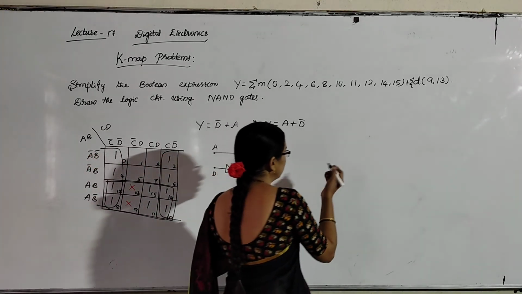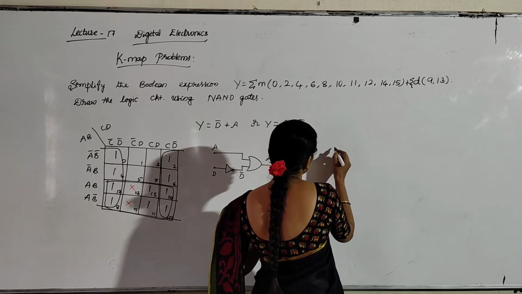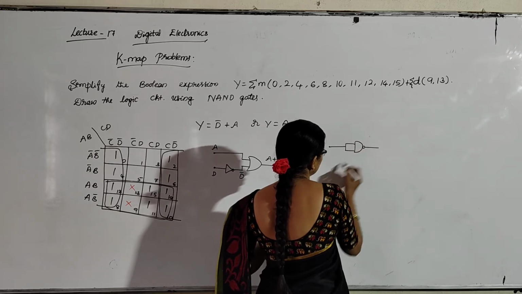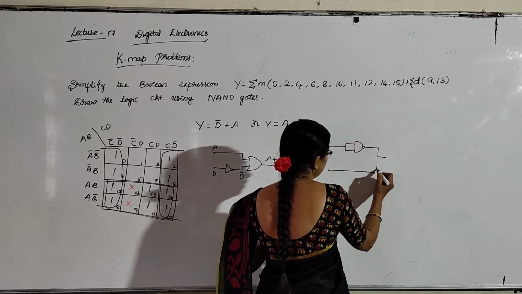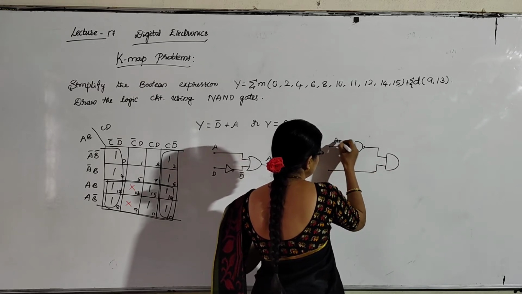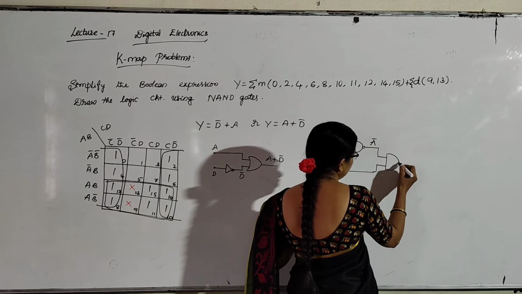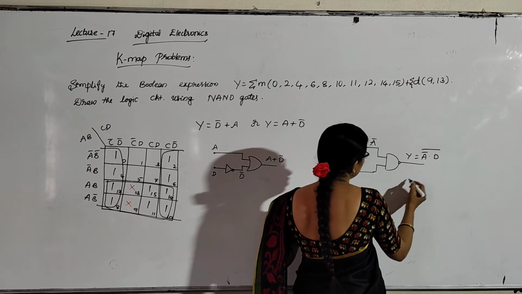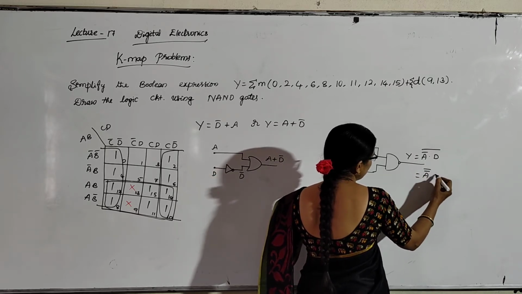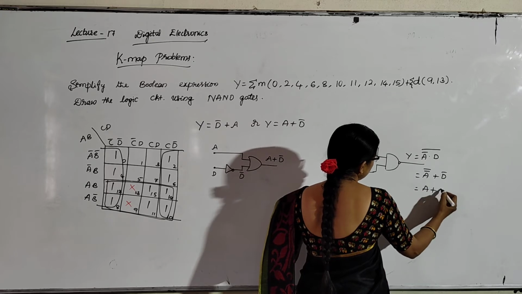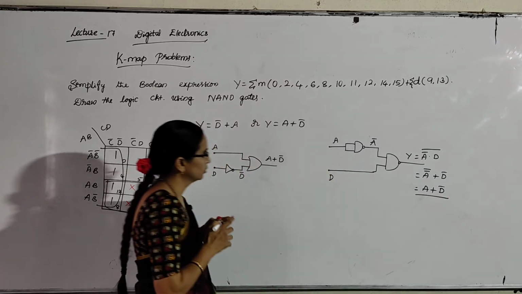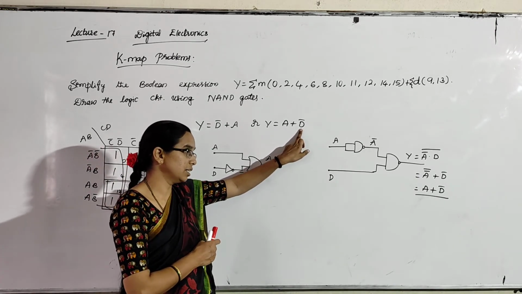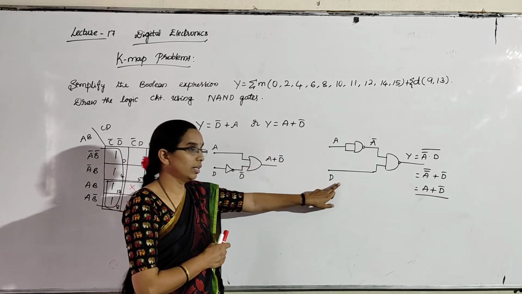Here A should be inverted and D bar should be taken directly. This is A, this is D bar, A bar. Here Y is equal to A bar D whole bar. So I will get, applying De Morgan's theorem, A plus D bar. Actually for D the complement was there, but it is a single variable in this term, so I have taken it directly.